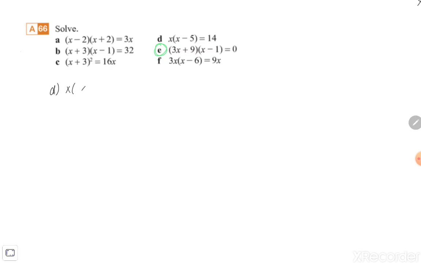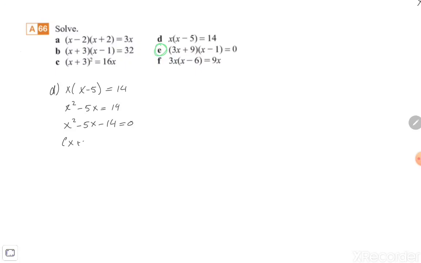x times (x minus 5) is equal to 14. Again, on the right side it's not equal to 0, so we need to multiply out the brackets. x times x is x squared, and x times minus 5 is minus 5x, is equal to 14. So x squared minus 5x minus 14 is equal to 0.